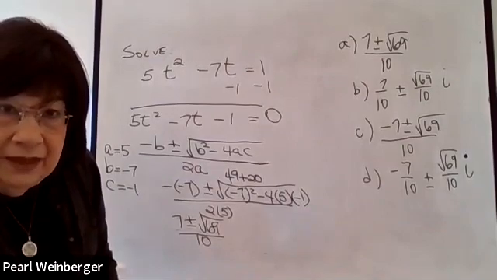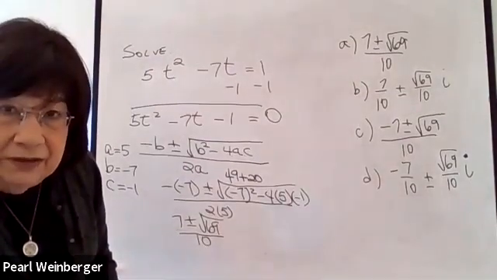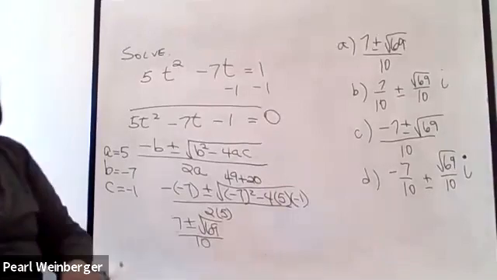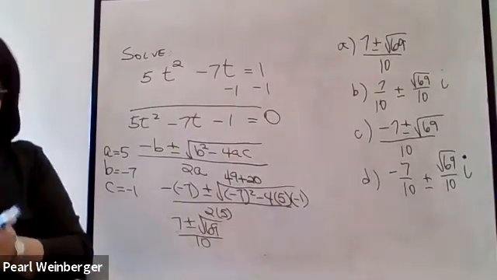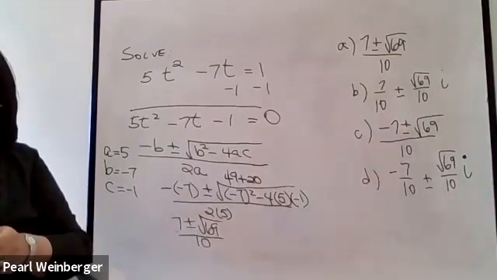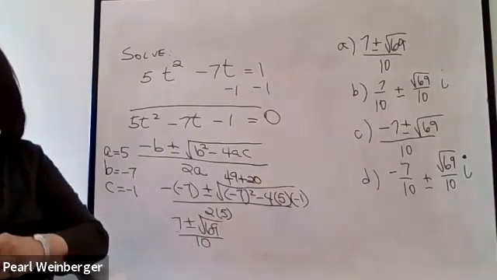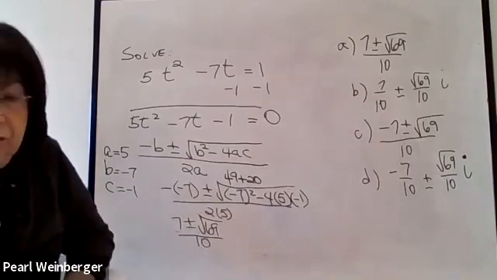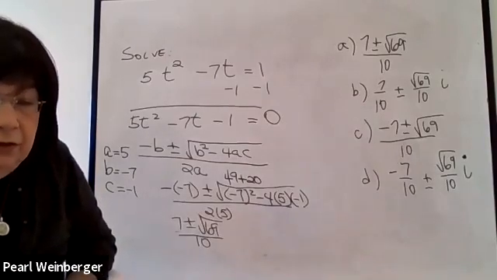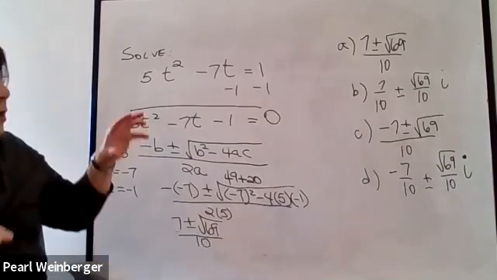Okay. I see everybody who sent in an answer sent in the right answer. And as I said, these examples I'm taking are off of old finals. So you see that if you can do these, you really are prepared.